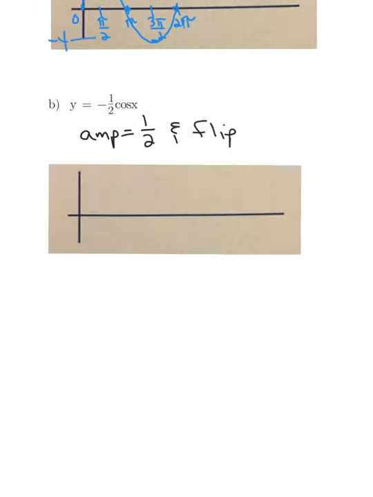Since we are doing a cosine function, our x-coordinates, or the horizontal coordinates, are staying as 0, pi over 2, pi, 3 pi over 2, and 2 pi. The high and the low numbers, instead of being ones like the basic graph, are 1/2s.